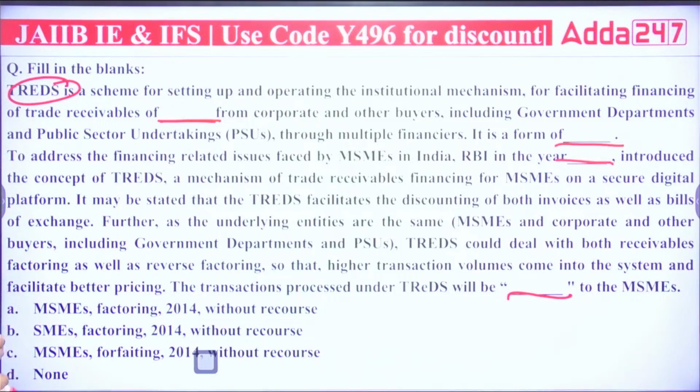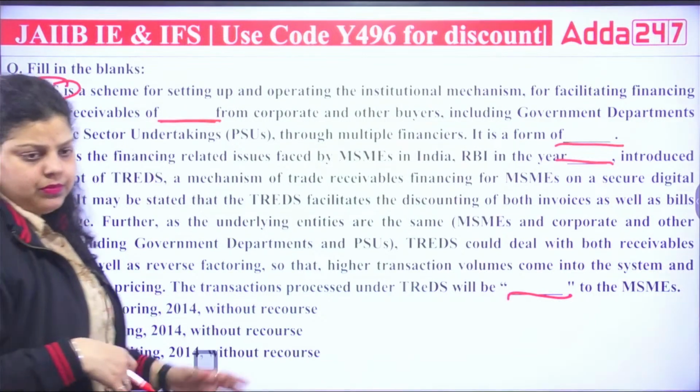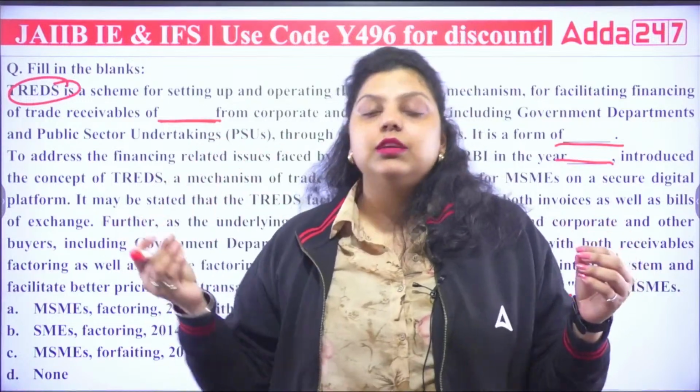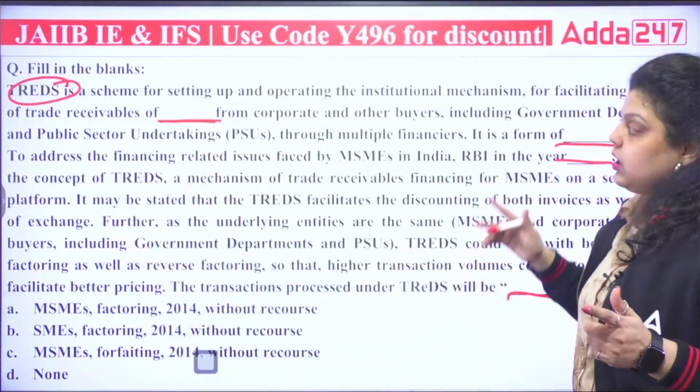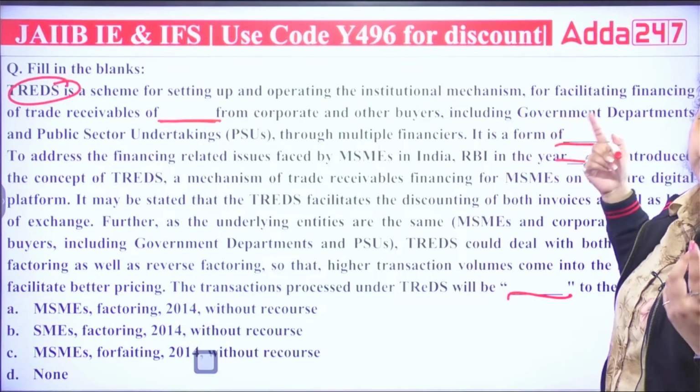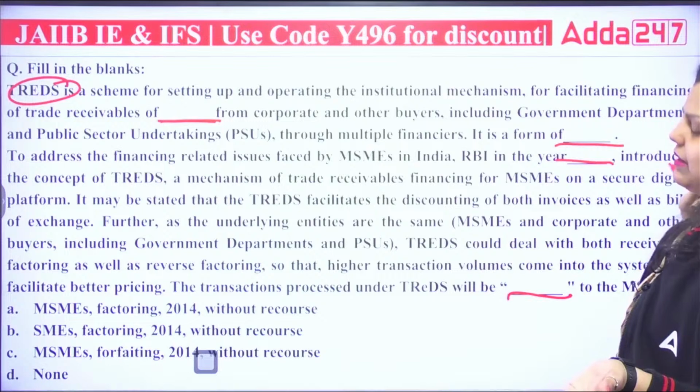So we are saying that TReDS is a scheme that has been set up as an operating institutional mechanism, which facilitates financing of trade receivables of dash from corporate buyers, etc.